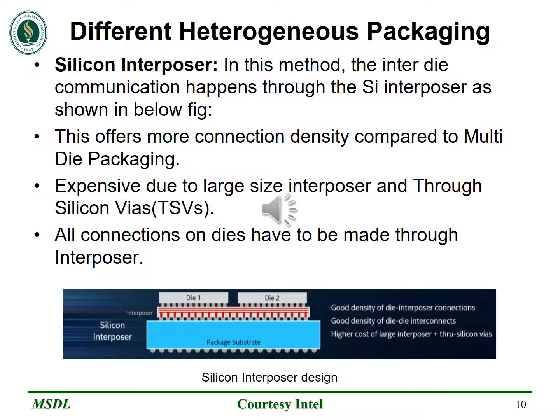So this offers more connection density compared to the multi-die packaging, and it is expensive due to the large interposer and through silicon vias. So coming to the advantages and disadvantages, it has good density of die interposer connections and die to die interconnects. Coming to the disadvantage, it has higher cost of larger interposer and through silicon vias too.